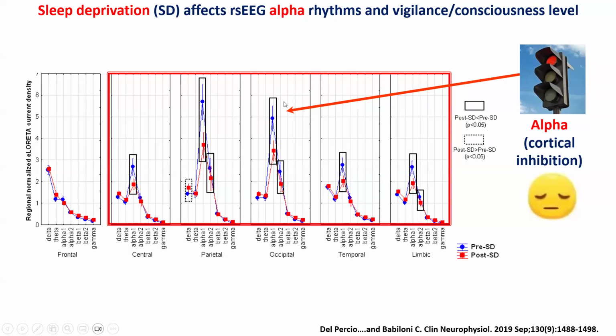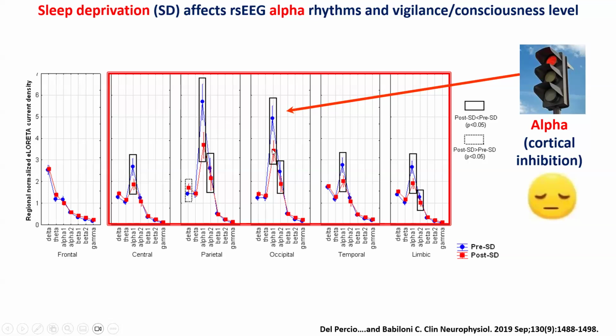So we can conclude that alpha rhythms are sensitive to the decrease of quiet vigilance after one night of sleep deprivation. And this puts in relation the intensity of the activation in alpha source activity in parietal and occipital especially, but also you see in other sources.